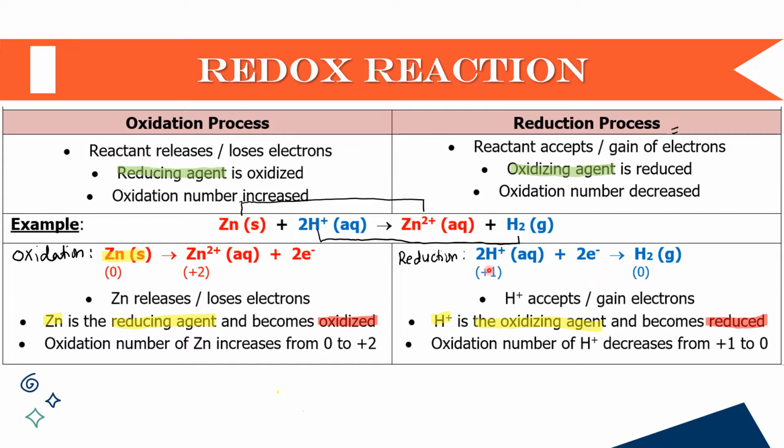An agent makes something do something. Next, the oxidation number of H+ decreases from +1 to 0. This shows that it is a reduction process, where you can see the oxidation number decreases.